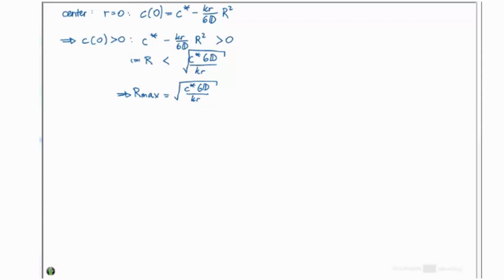Now if you fill in all the values for the concentration at the surface, for the diffusion coefficient and the reaction constant, don't forget to check the units, it's very important. You can see here you can cross out the moles, you can cross out seconds, you can cross out meters cube, and you'll be left with meters square, which square root gives you meters.